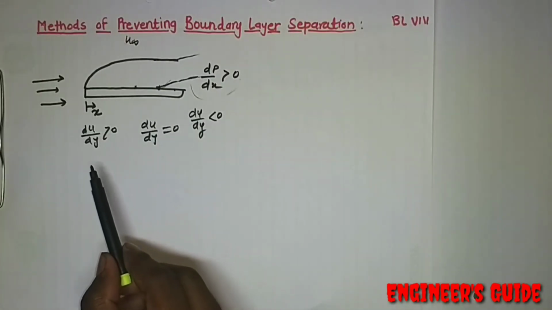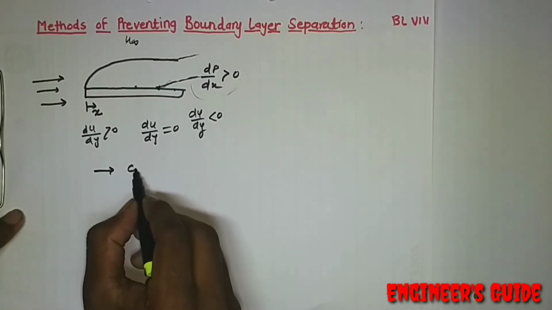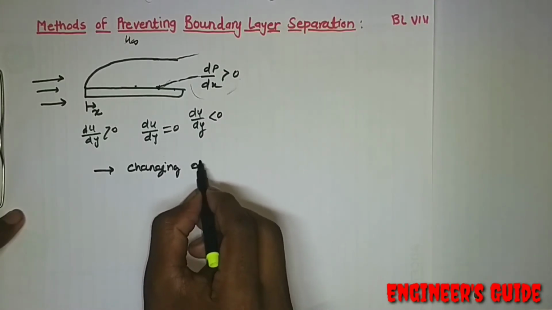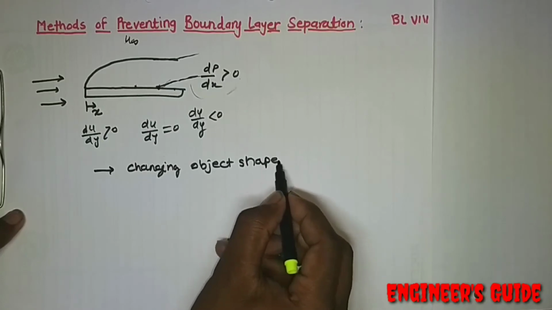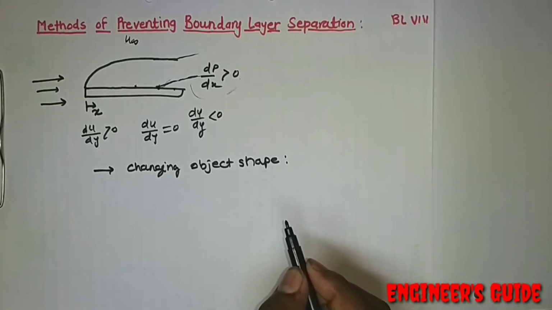First thing, we can change the shape of the object, so that the flow will be continuous along the surface. It will not separate.